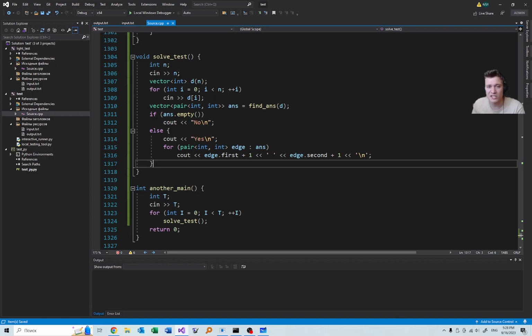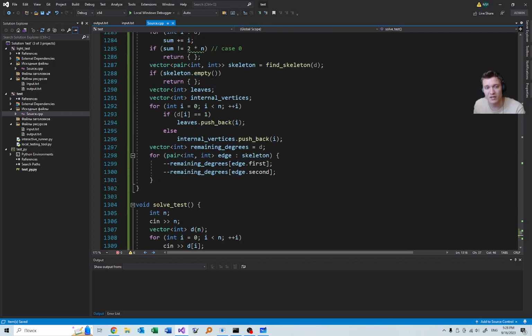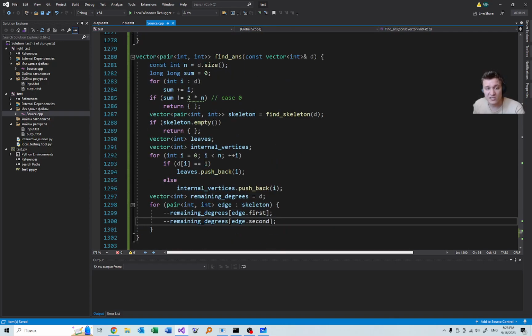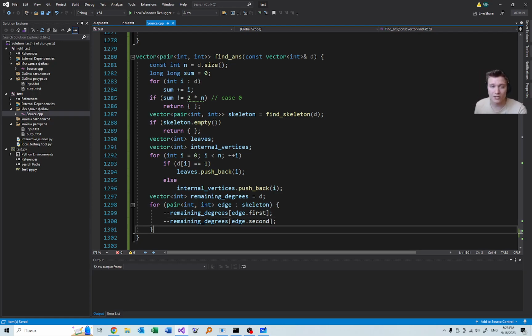So now it is 0 indexed. Then I calculate the answer, which is also 0 indexed. And in the end, I add 1 just while printing the answer. So it now becomes 1 indexed. So in this solution, everything should be 0 indexed so that you do not confuse any vertex with some neighbor vertex, adjacent vertex. Okay.